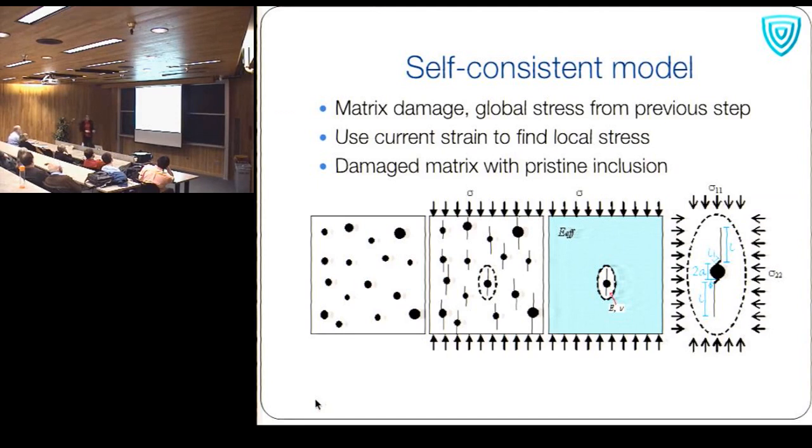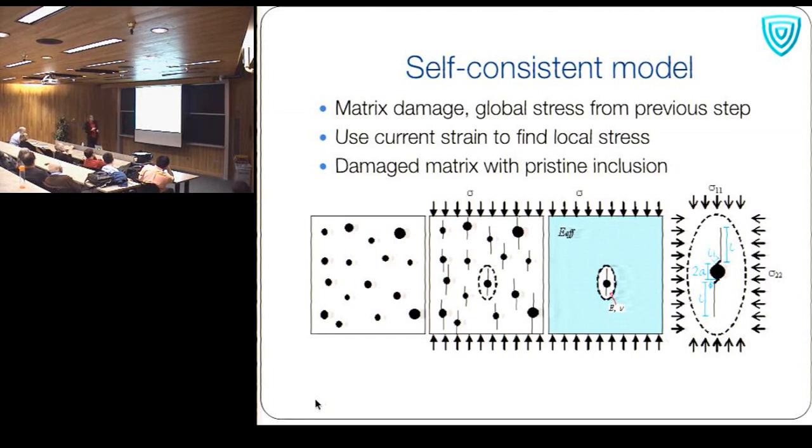And this is in a self-consistent model. Think of, here I drew a porous material. You have these pores, and the cracks are developing from each of the pores under this compressive load. We take any individual pore and say that the material around that particular pore and its associated crack is pristine. It's undamaged. But everywhere else is damaged, representative of all the damage of all the other pores.